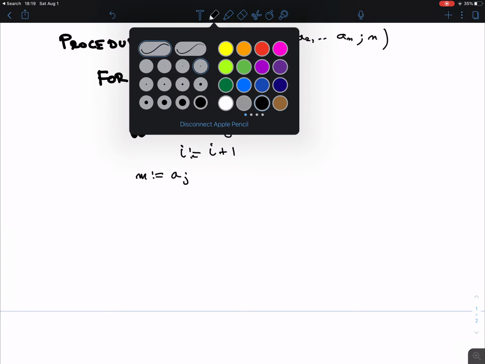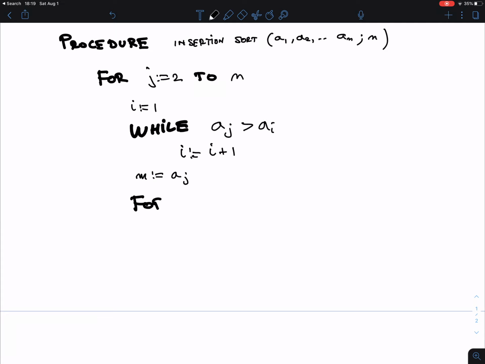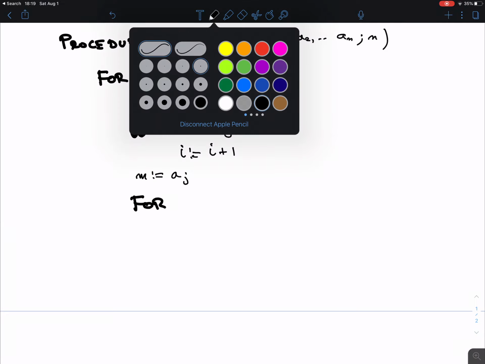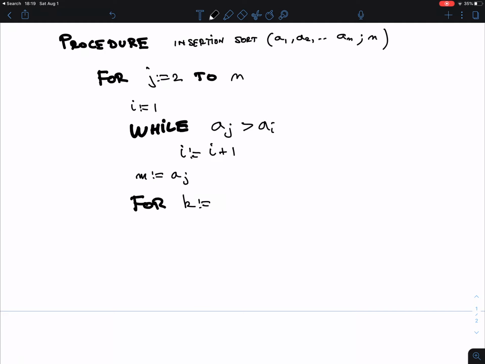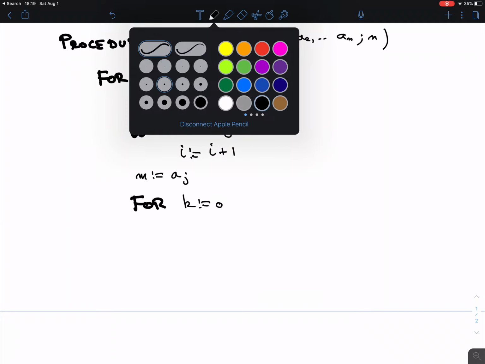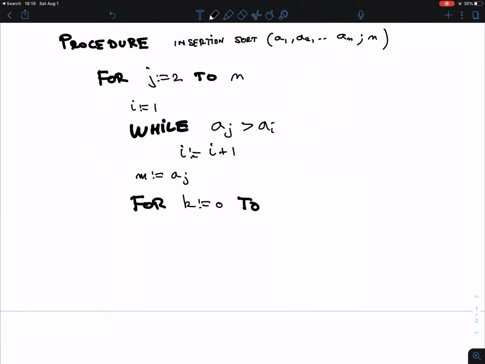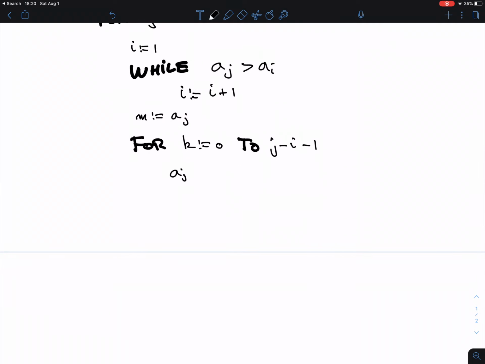So this is m, so for k going from 0, and I'll explain why 0 here, to j minus i minus 1, A[j-k] is A[j-k-1], and then A[i] is m.